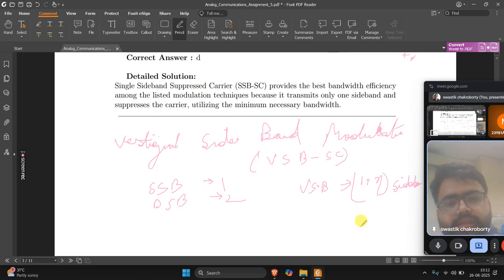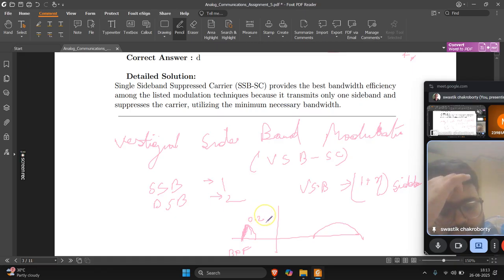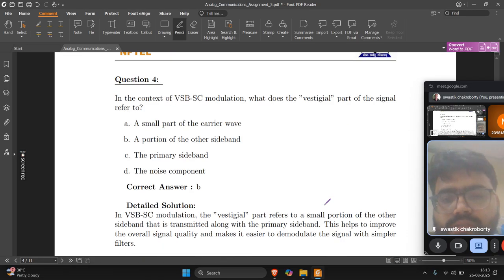So VSB-SC has 1 plus eta sidebands. In practice it looks like this. Instead of allowing the full sideband, we create a band pass filter, or a high pass filter here, which only allows up to this frequency. So you take some 0.2 of the total band, so you have 1.2 sidebands like that. This is called VSB-SC.